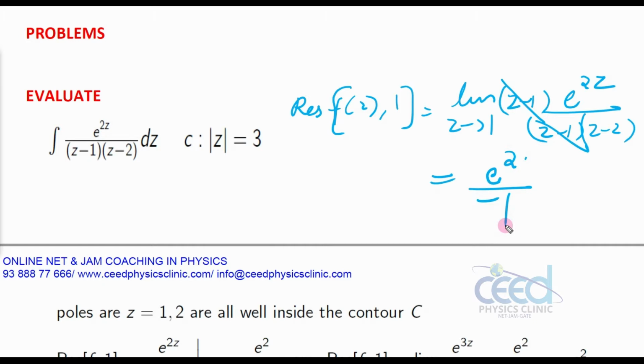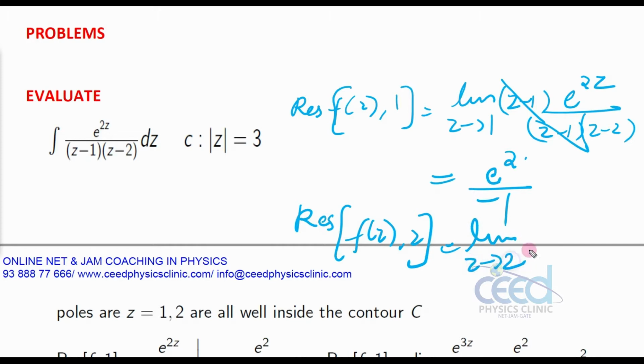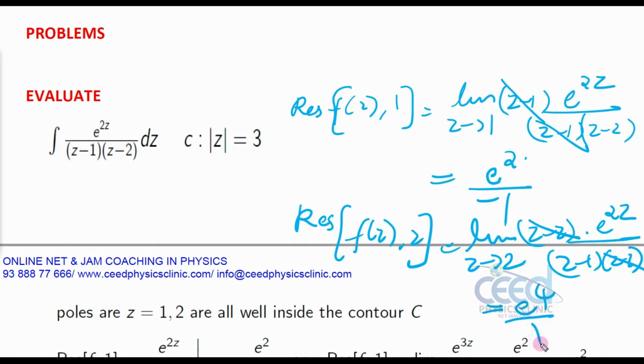Similarly, all are simple poles, so you can use this formula for the residue of f of z at 2, that is equal to limit as z tends to 2 of (z minus 2) into e raised to 2z divided by (z minus 1) into (z minus 2). Z minus 2 and z minus 2 cancel. Now I can put 2 here, then that is e raised to 4 divided by 1.